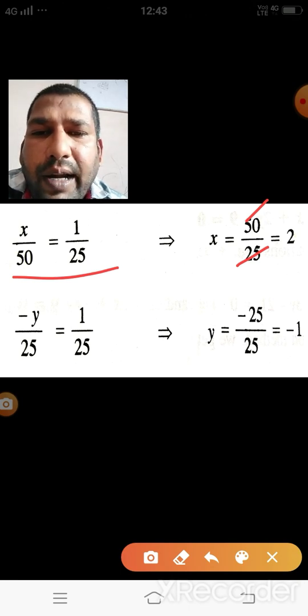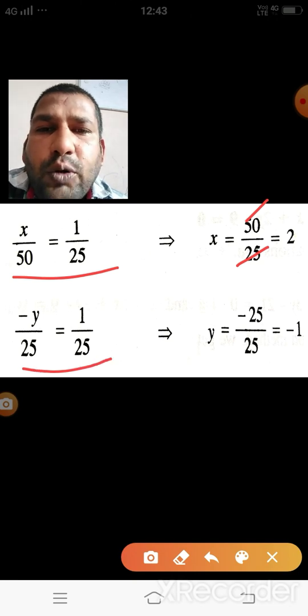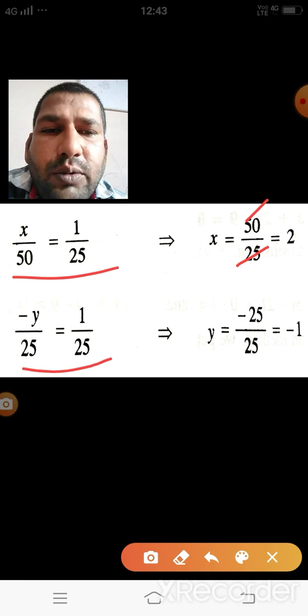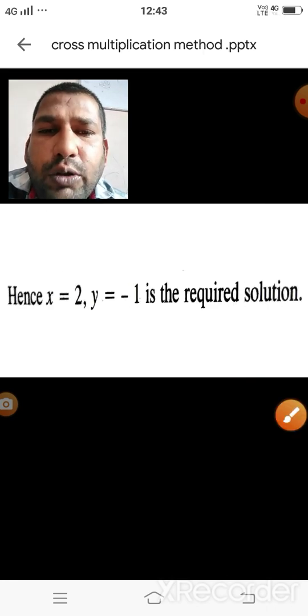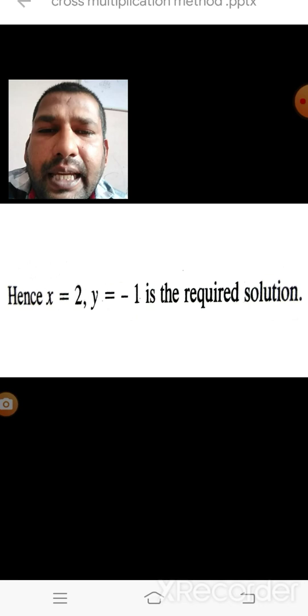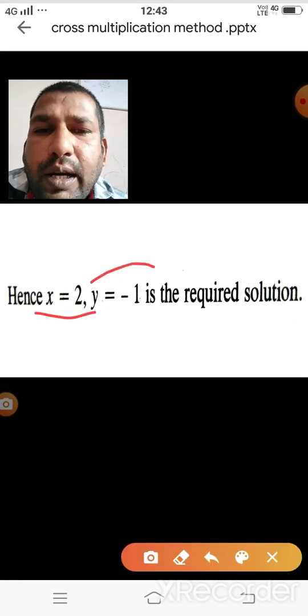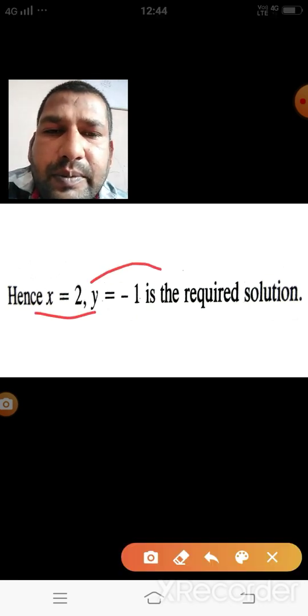Same for y: if you are finding the value of y, then minus y upon 25, second and third expression we are equating, we are getting minus 25 upon 25. On solving this we are getting minus 1. These two are the required values of x and y. Then the solution of these two equations we are getting here as x equal to 2 and y equal to minus 1.